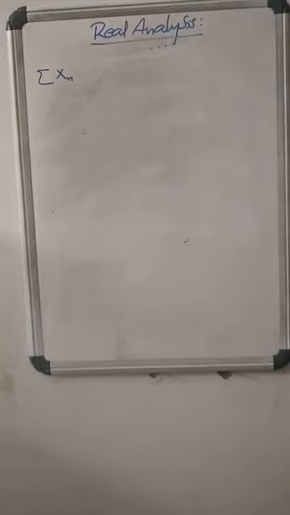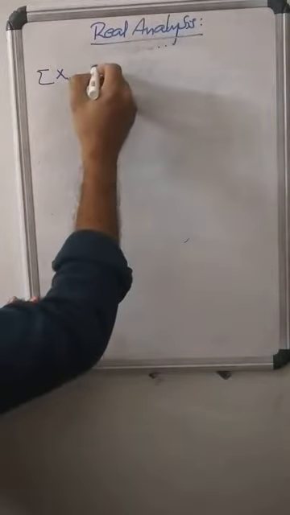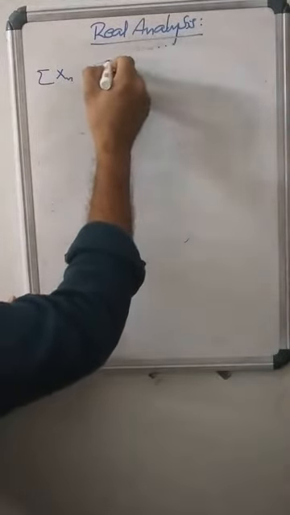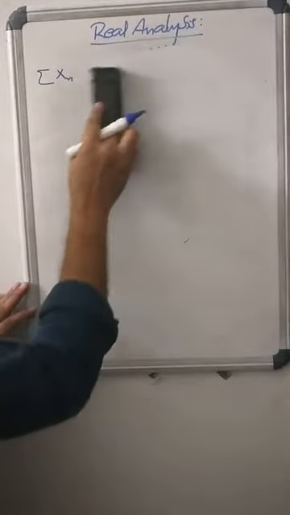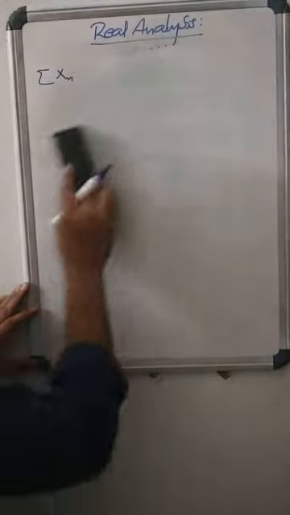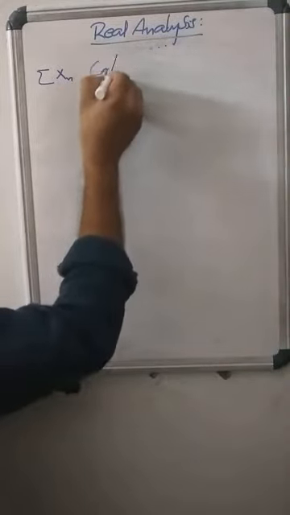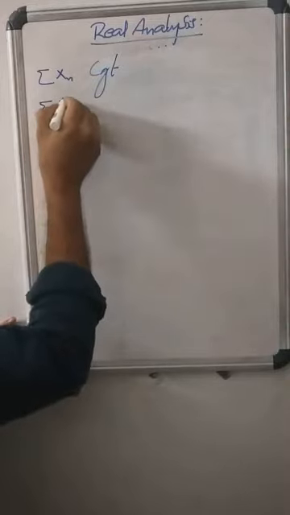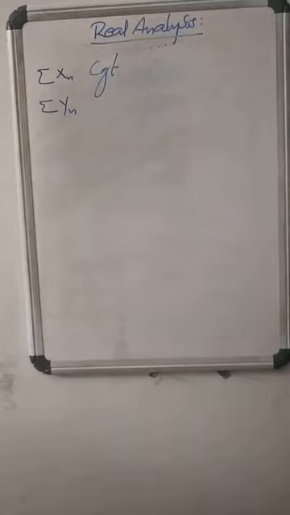Let sigma yk be another series obtained from sigma xn by grouping. Our requirement is to show that when sigma xn converges, the series obtained from it by grouping the terms converges. So suppose sigma xn converges.